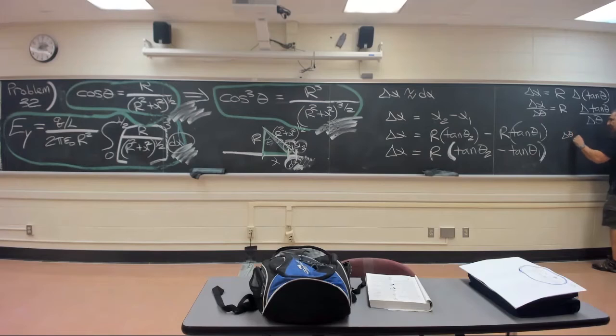Delta theta times delta x over delta theta equals r. Watch what I'm doing, guys. You just divided by delta theta. Why are you doing that? Because I'm going to leave the delta theta here and go delta theta there.